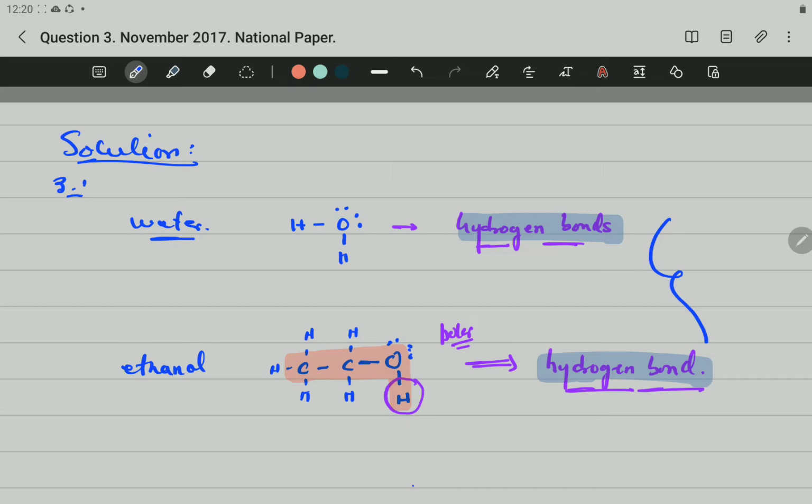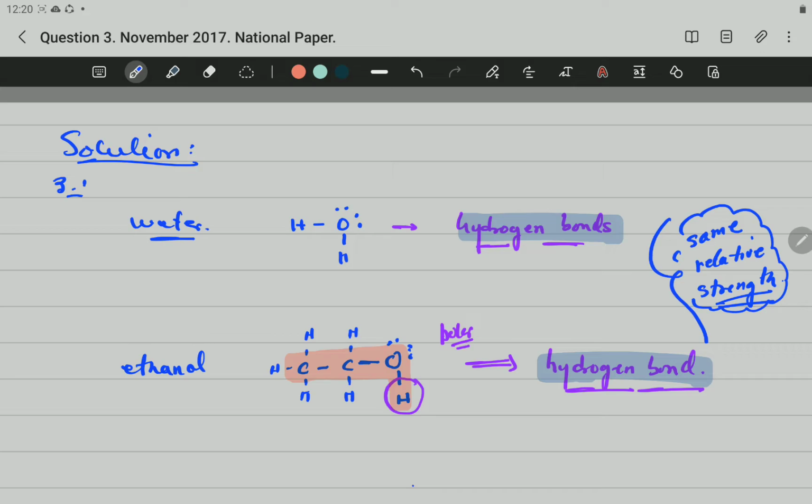They have the same relative strength. First, we identify the type of intermolecular forces. They are the same intermolecular forces, and therefore they have the same strength.